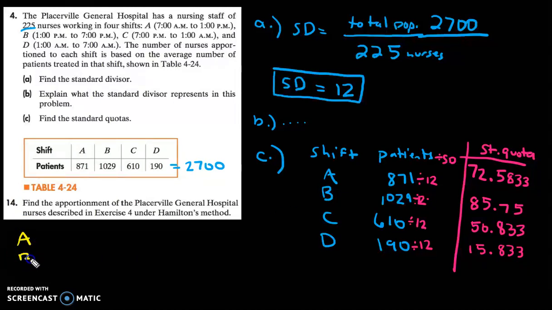Shift A is going to get at least 72 nurses, because that's the biggest whole number that they made it to. Shift B is going to get at least 85 nurses. Shift C is going to get at least 50, and Shift D is going to get at least 15.